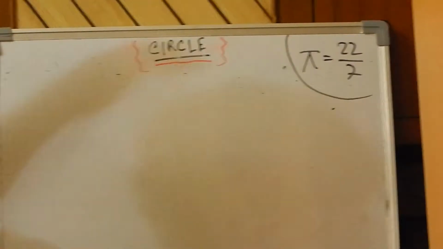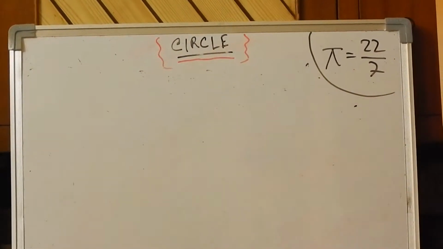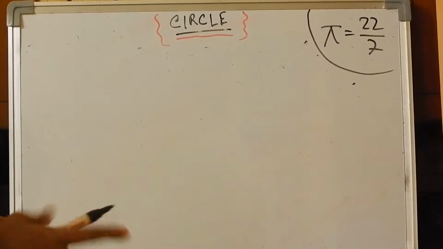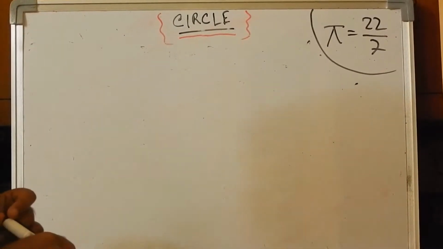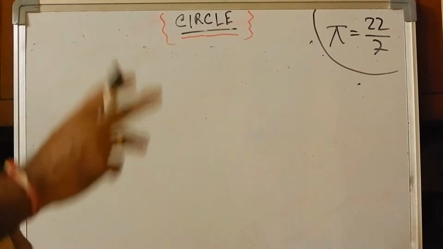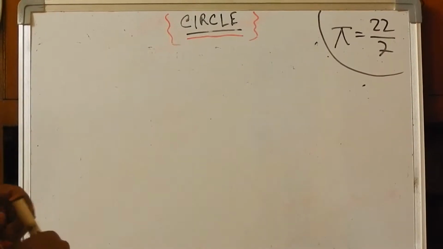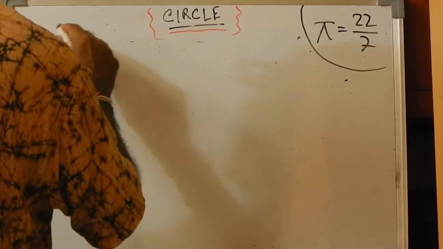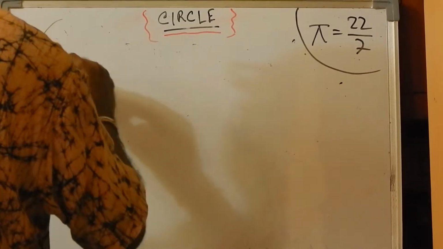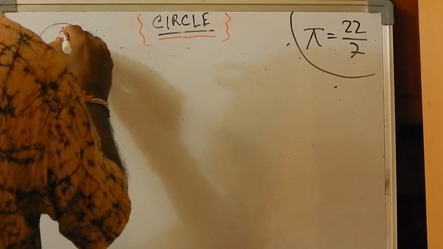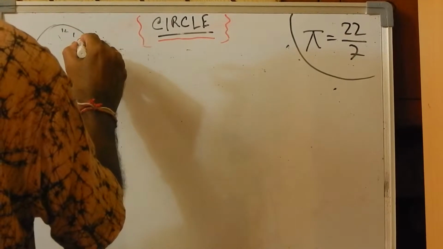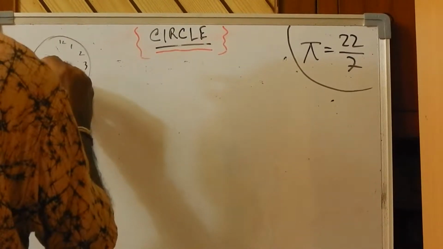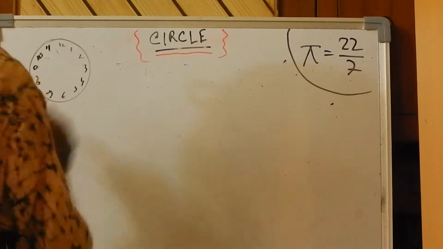To begin with, I will make you understand a basic thing about our daily life. We use the clocks or watches, whatever it is called. It comprises a circle, a clock. It is 12, 1, 2, 3, 4, 5, 6, 7, 8, 9, 10, 11.